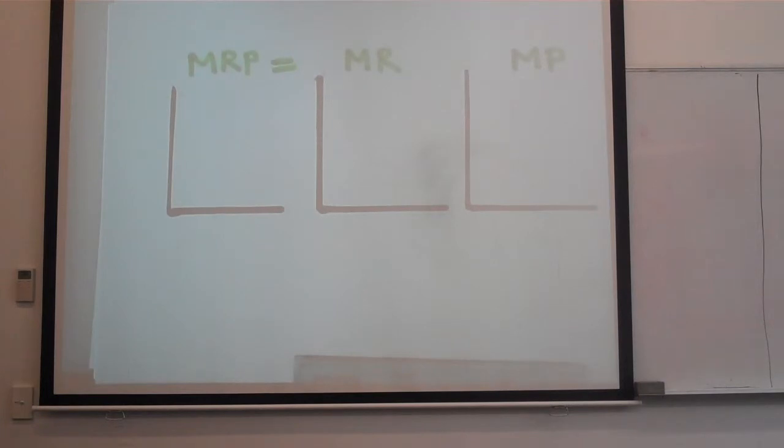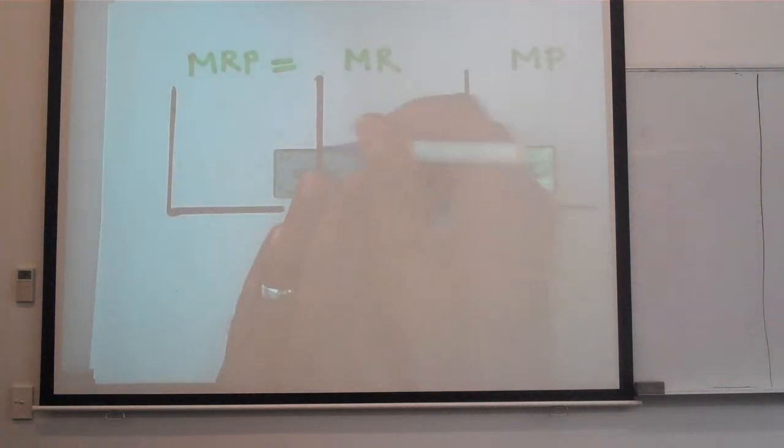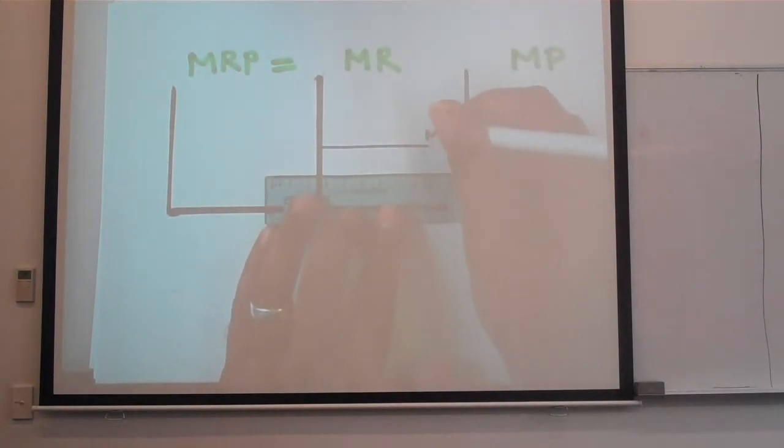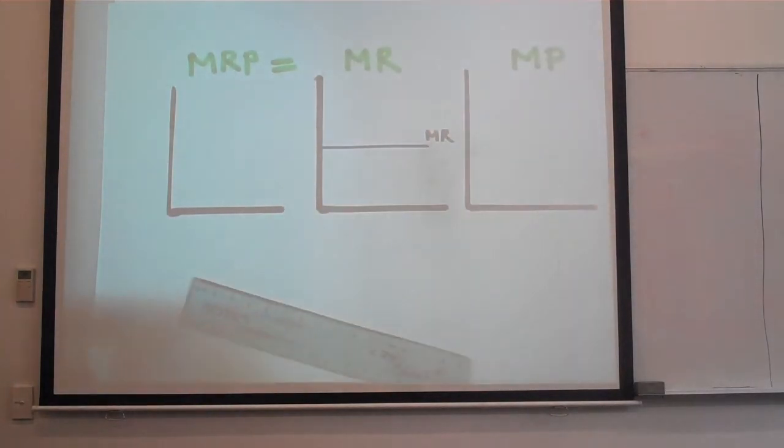Now we know that if we have perfect competition in the product market, the MR curve is horizontal. We know from our previous producer theory that the MP curve is an upside down U-shape.